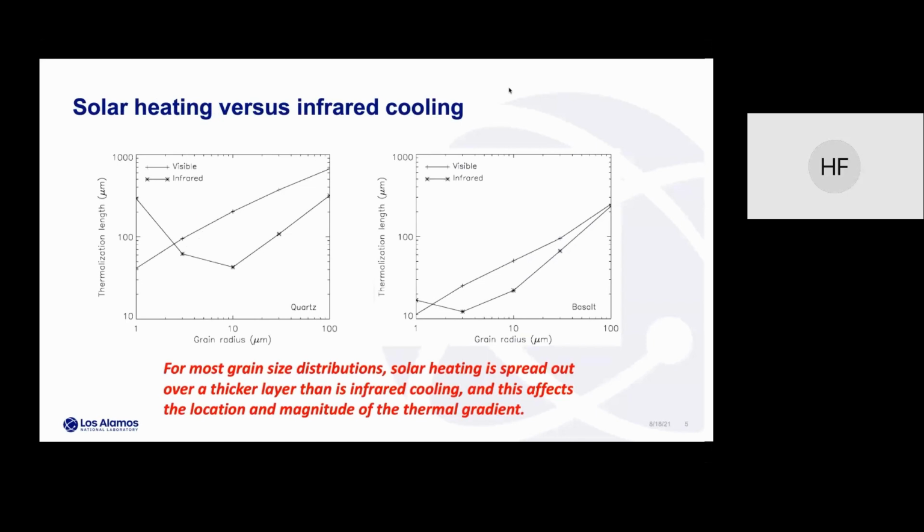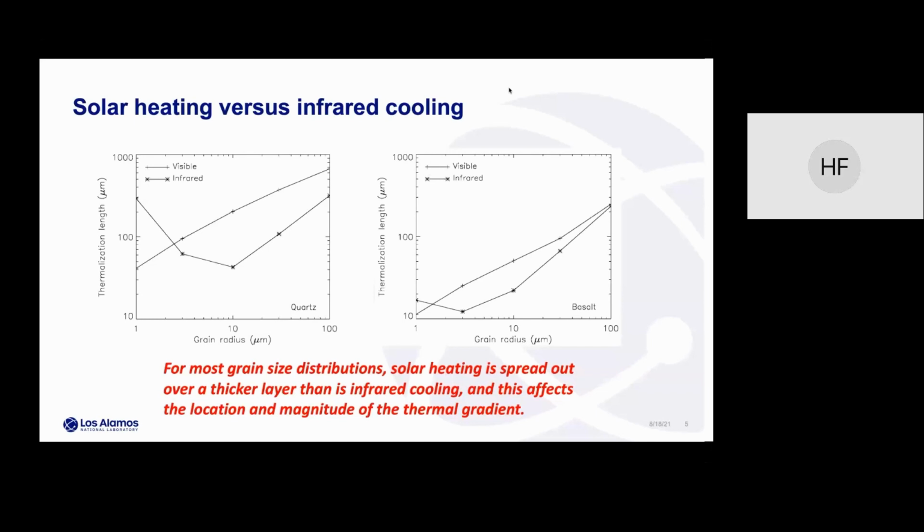This slide compares solar heating versus infrared cooling. The vertical axis is a parameter called the thermalization length, which represents the length scale over which visible radiation and infrared radiation are absorbed. It's a function of particle size, the x-axis. The pluses are for visible, and the stars are for the infrared. In general, the length scales over which radiation is absorbed are longer in the visible than in the infrared.